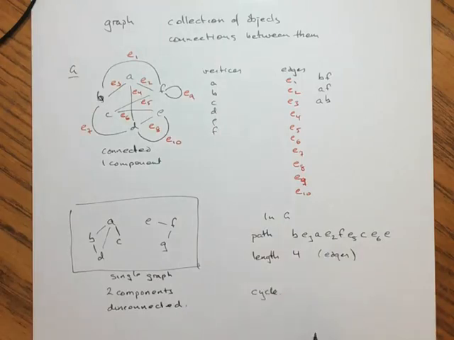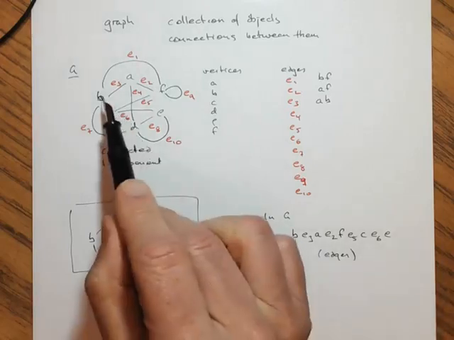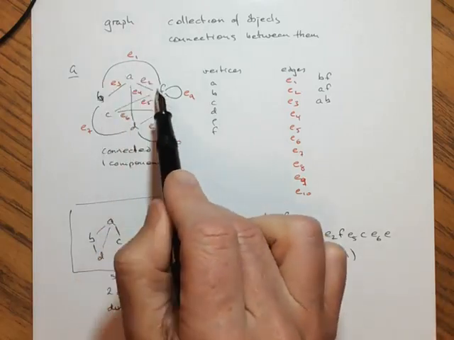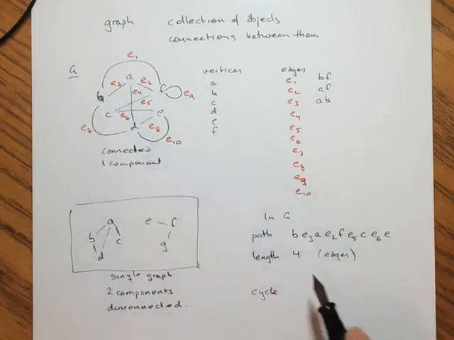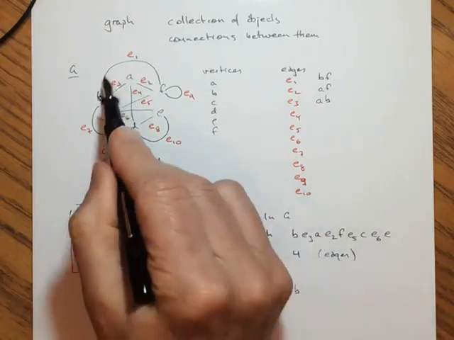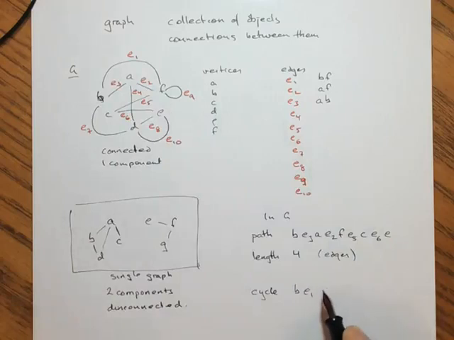So a cycle is a very similar sort of thing. May as well do the one we just did. So if we start at B again, we go around E1 to F. Oh, actually, let's be a bit more adventurous.